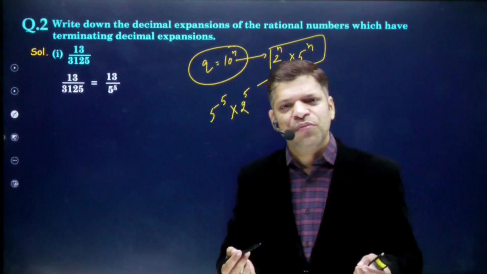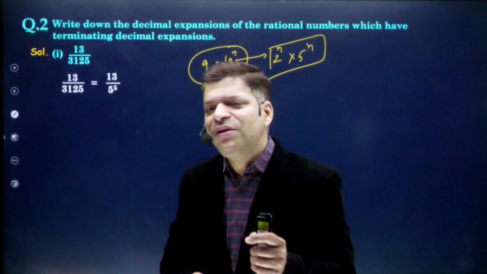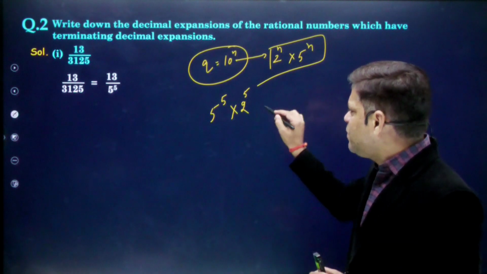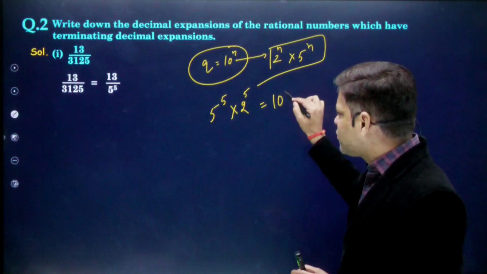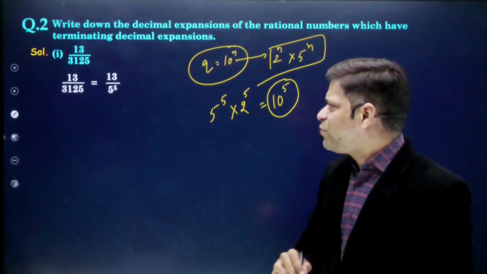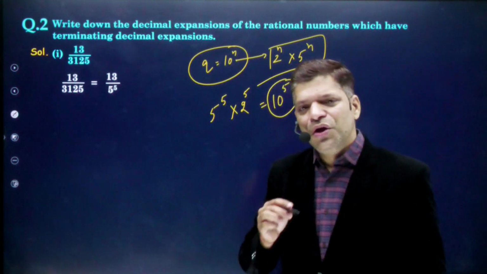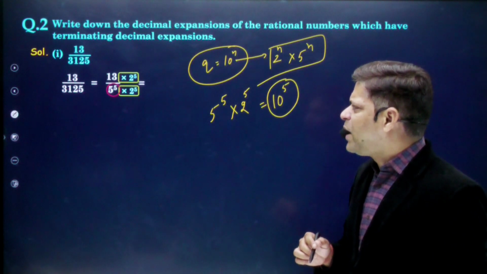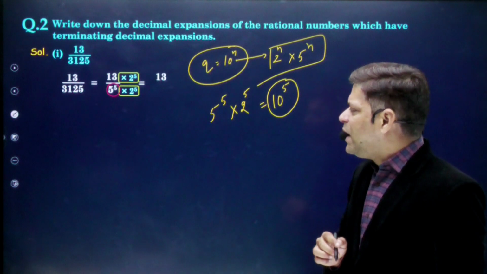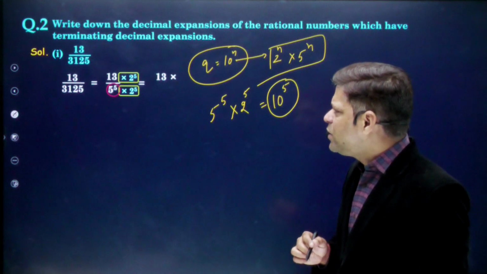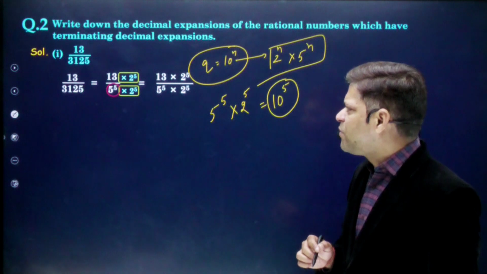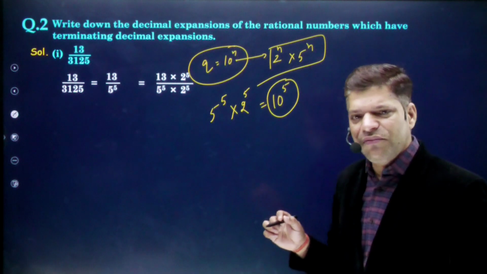Why with the same exponent? Because when we multiply with the same exponent, it will be converted into an exponent of 10, that is 10 raised to the power 5. So that's why we multiply numerator and denominator by 2 raised to the power 5. So it will be 13 into 2 raised to the power 5 over 5 raised to the power 5 into 2 raised to the power 5.